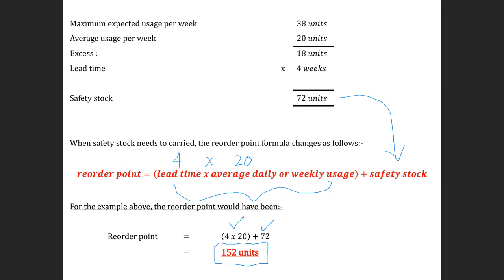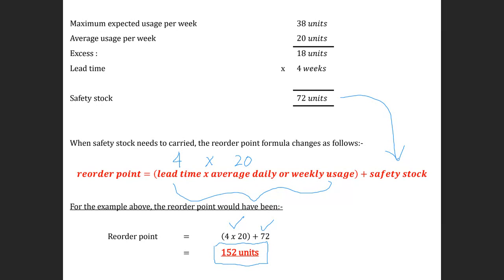And it's interpreted in the same way. This is saying to you that when the inventory levels reach 152 units, this is signaling to the purchasing managers that they now need to place a new order of 100 units. This is because the 152 units is going to last them over the next 4 weeks until they receive the order from the supplier.